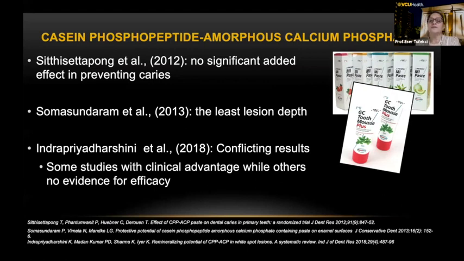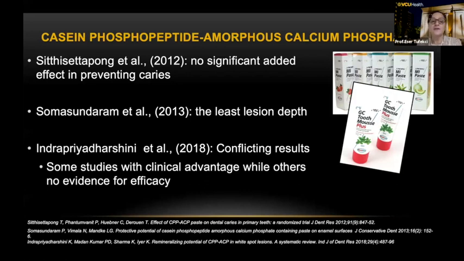And when you look at the efficacy of this product in preventing lesions, it is all over the place. There is one study indicating that there is no significant effect. Then there's another study showing that the lesions were less deep.